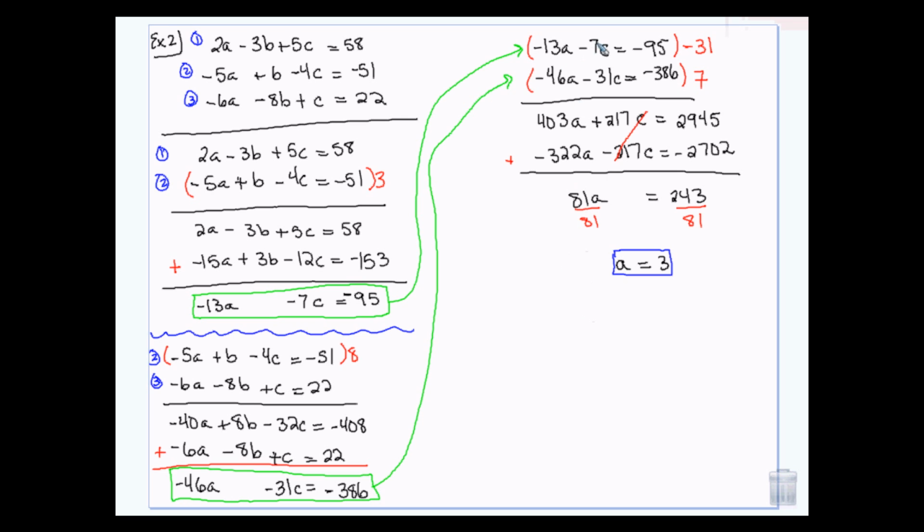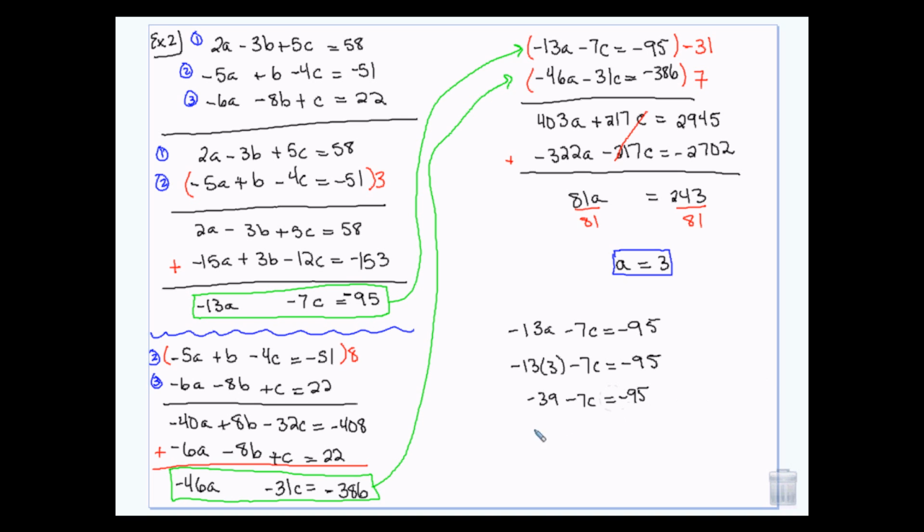I'm going to then come back to one of these equations. I'm going to use the smaller one. Again, I like to use the smaller ones because, well, they're smaller. So I have negative 13 times 3 minus 7c is equal to negative 95. So I have negative 39 minus 7c is equal to negative 95.